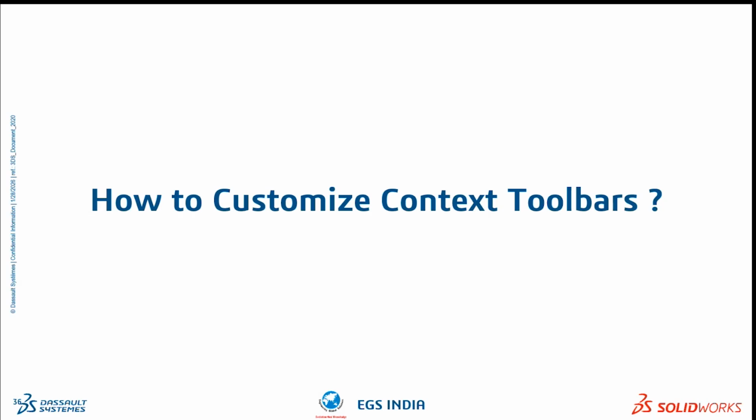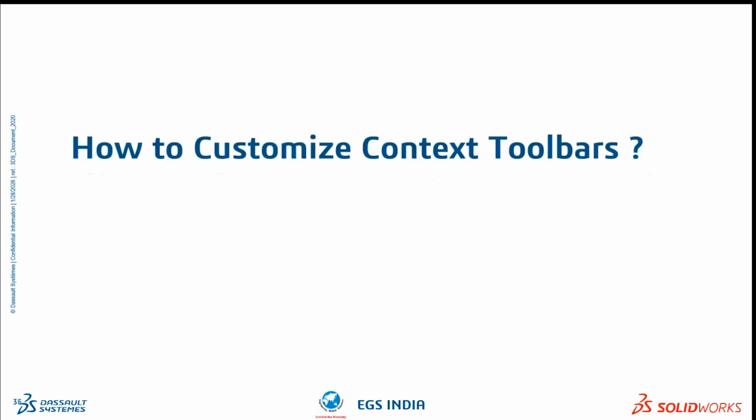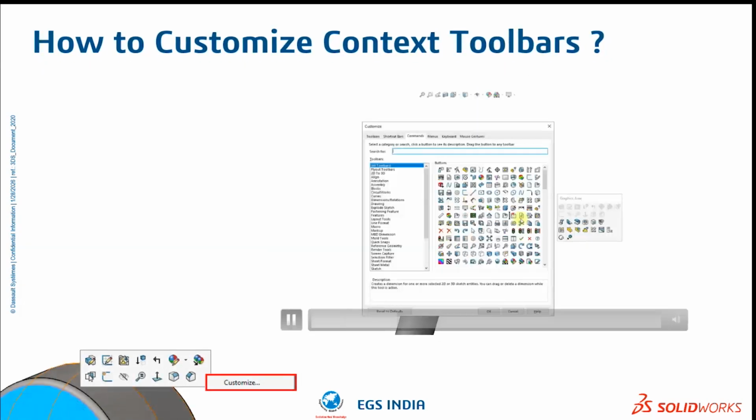Previously we saw how to activate the context toolbar and how to use it efficiently. We can also customize our context toolbar as per our needs. Similar to how you activate the context toolbar, you go to the customize page, then move to the context toolbar.